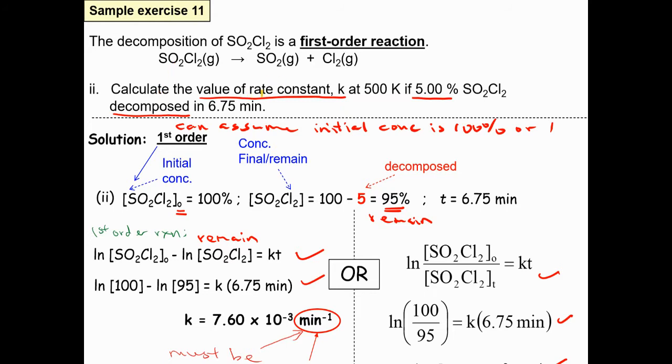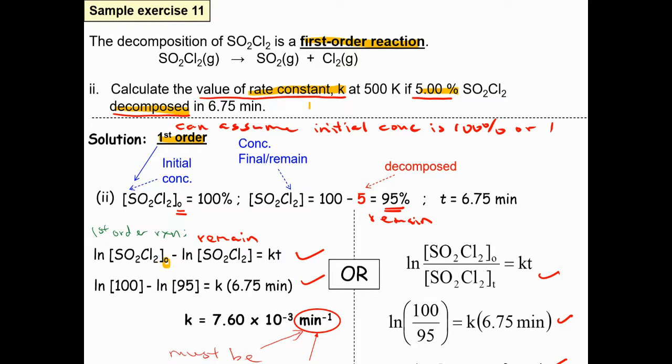Calculate the value of the rate constant k if 5% decomposes in 6.75 minutes. This is a first order reaction. If we look at the integrated rate equation, we need to have the initial concentration.